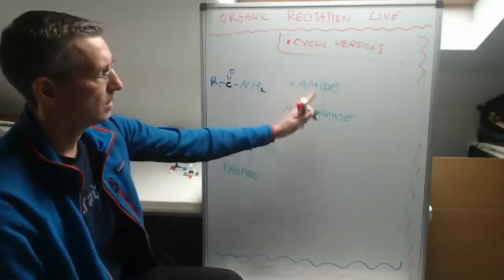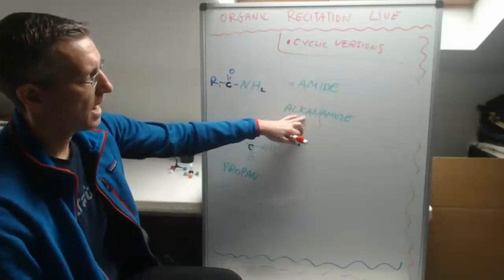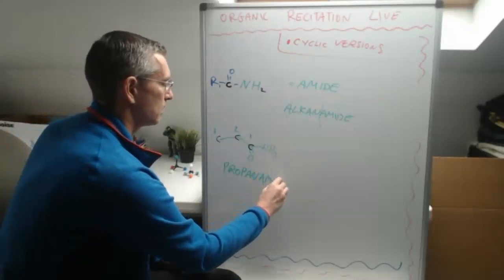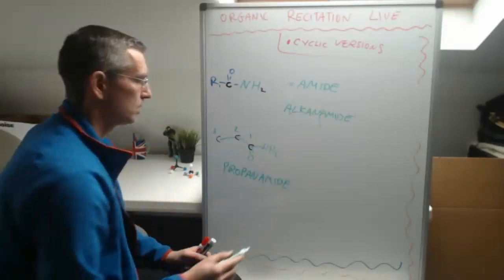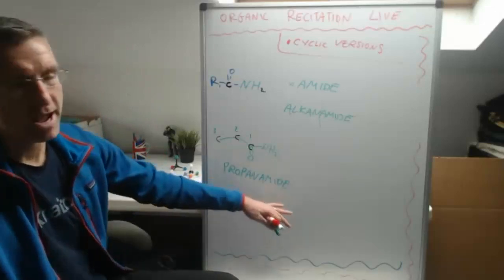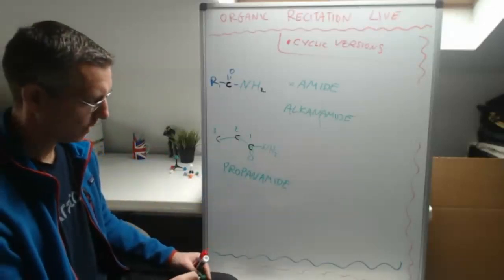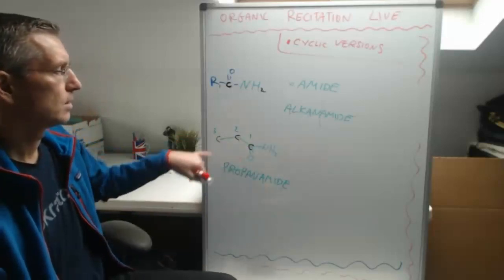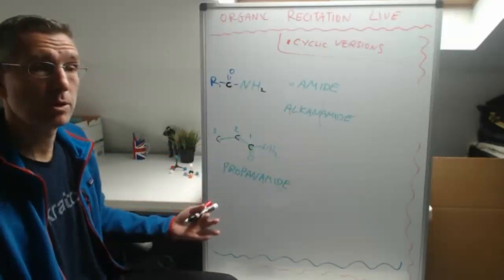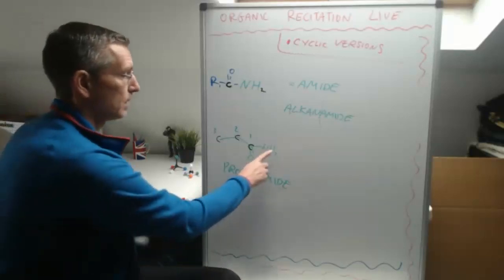So propane, but drop the E because it's an alkanamide. And then simply you add the word amide, propanamide. So that's a 3-carbon amide. So that's the simplest way of naming it.